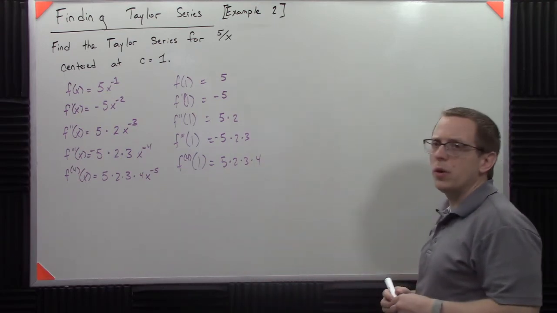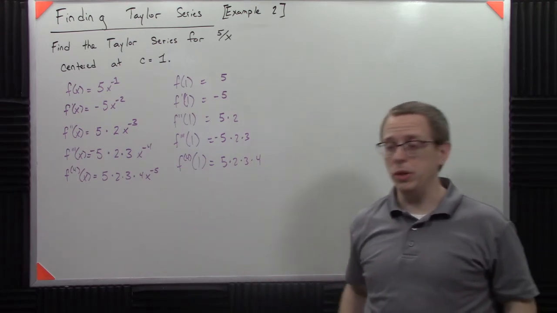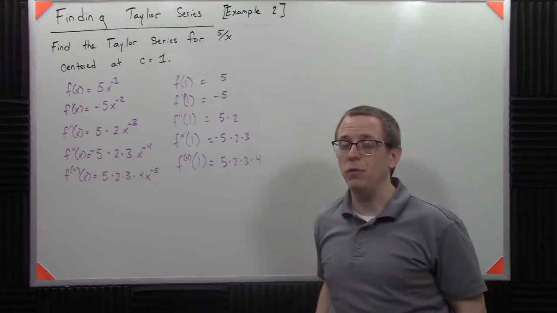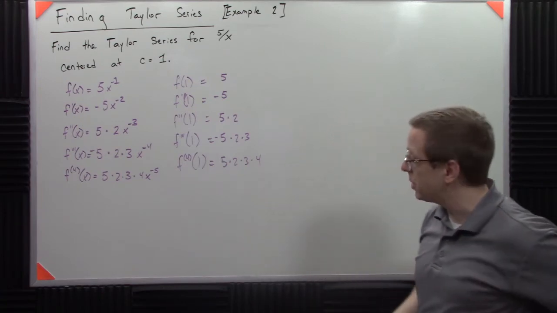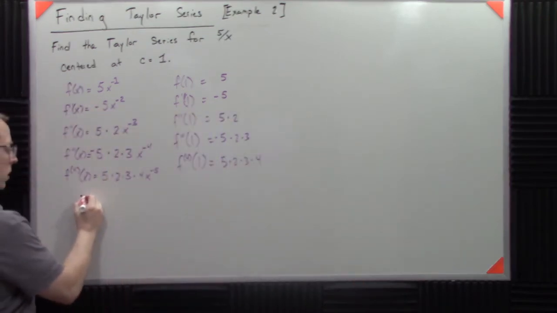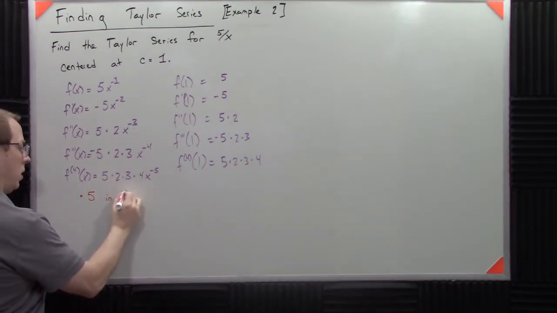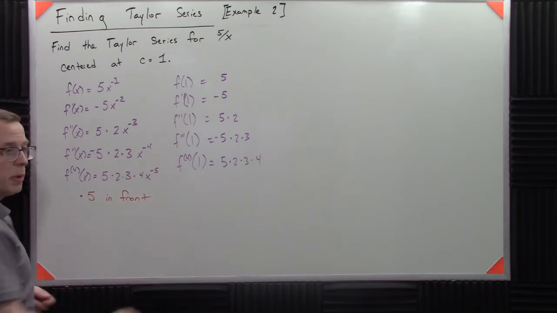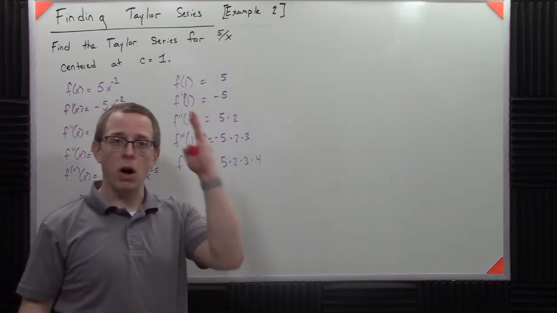So let's start writing down what we notice. It's really great if you start writing down the things that you notice. The first thing I notice is that no matter what, 5's in front. No matter what, I always have a 5.